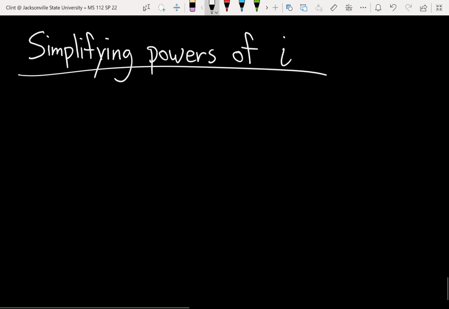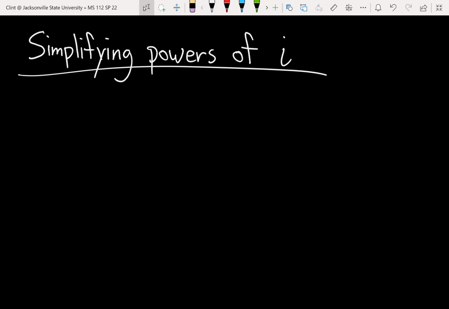We're going to simplify different powers of i. If you've got 7 to the 50th power, the only way you could even think about trying to simplify that is you have to actually find out what the answer is, right? You have to do 7 times itself 50 times and get an answer. But something interesting happens, maybe interesting to some people, when you start raising i to different powers.